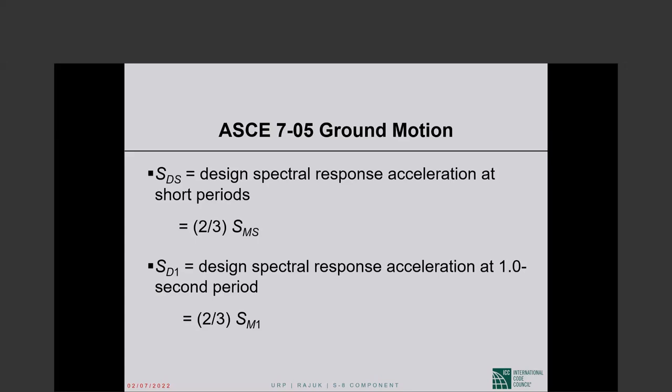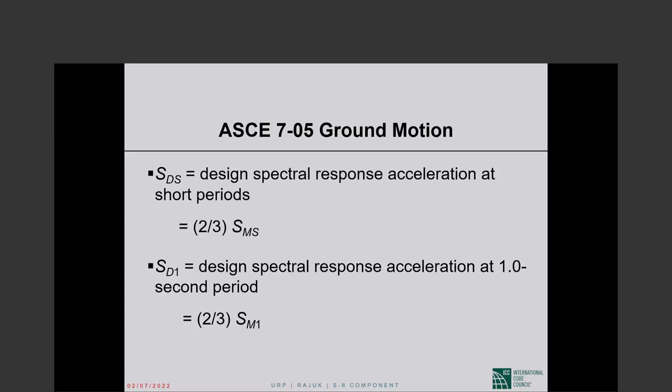So the idea behind this 2/3 is, if we consistently everywhere design for 2/3 of the maximum considered earthquake ground motion, the built-in margin of safety of 1.5 would ensure that we would barely avoid collapse in the maximum considered earthquake. Okay.